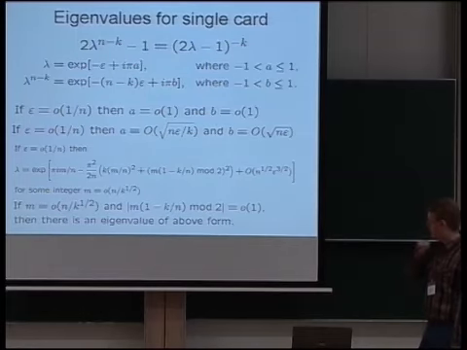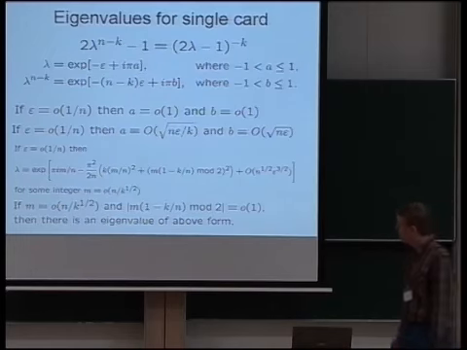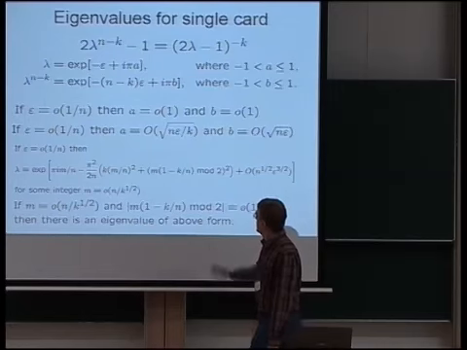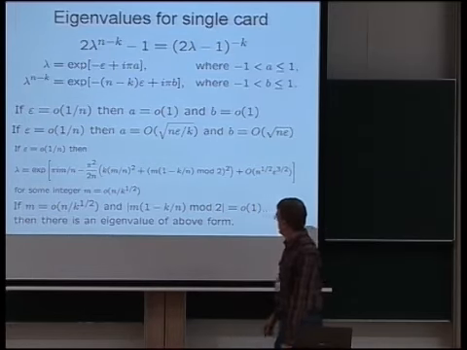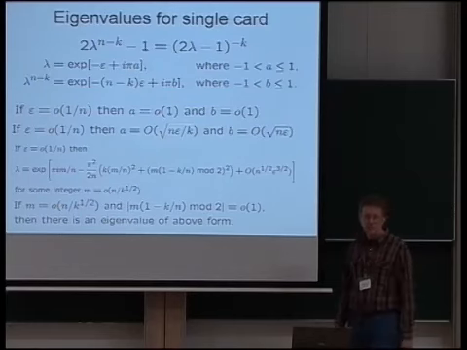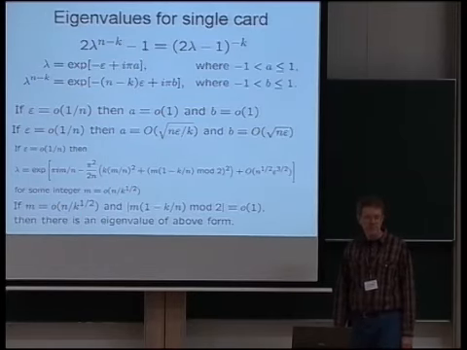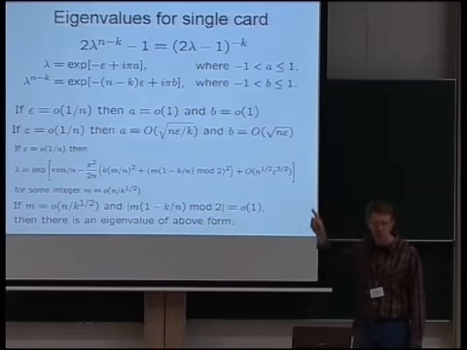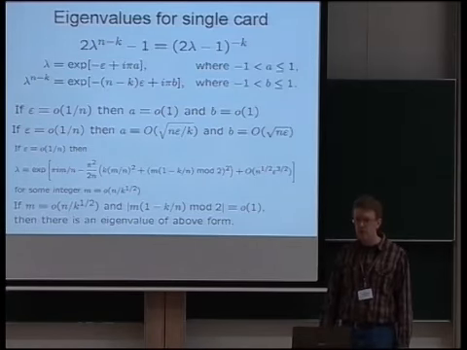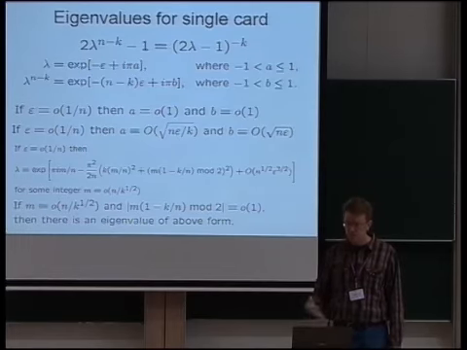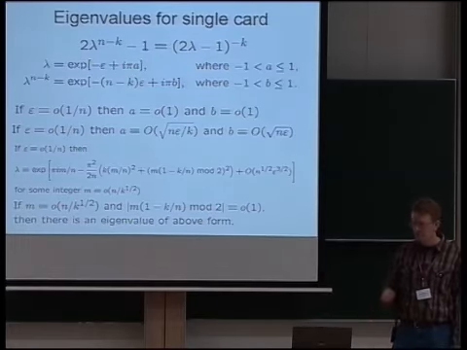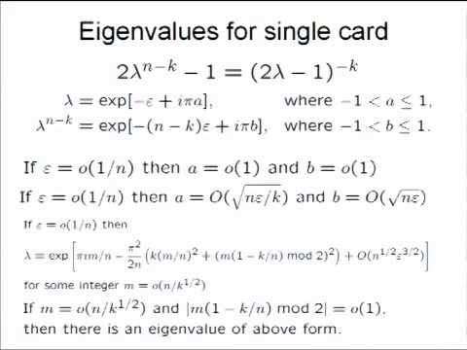The next thing is that if you have an m which is small enough, and this term is small enough, then there is an eigenvalue of that form. You can think of doing that by just taking lambda and substituting it into this equation and doing something like Newton's method to repeatedly refine lambda, and it zeroes in on a 0.